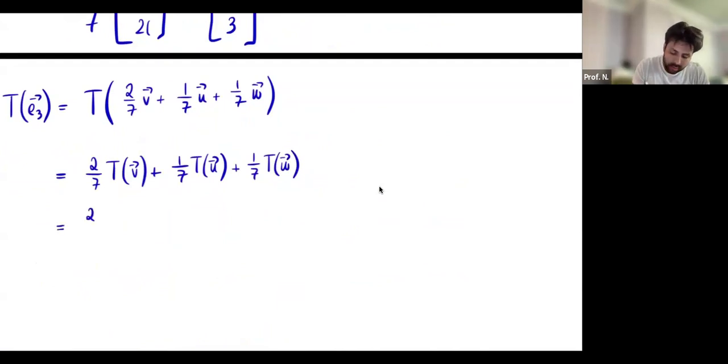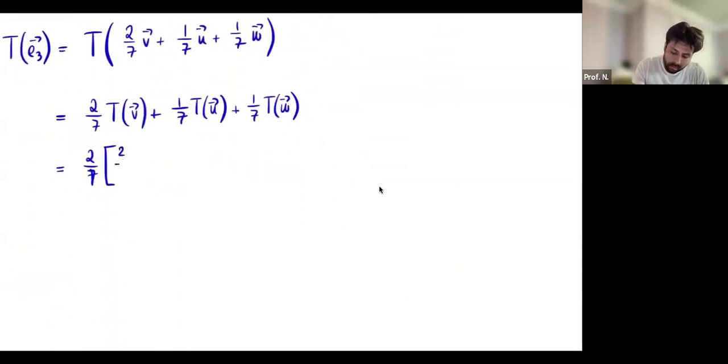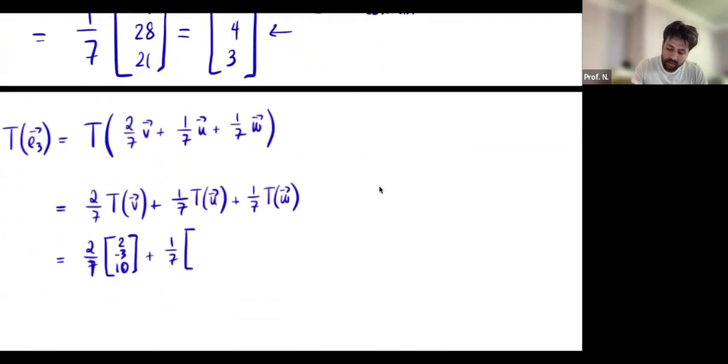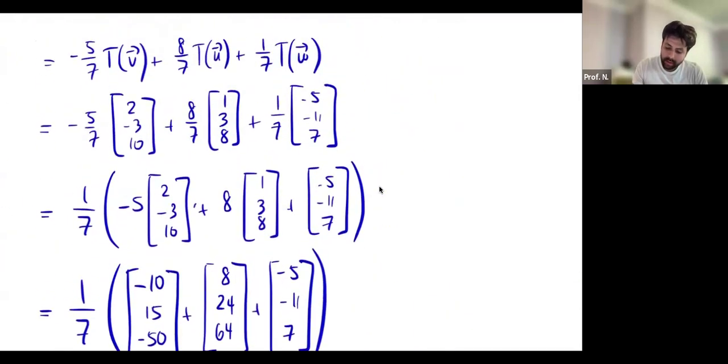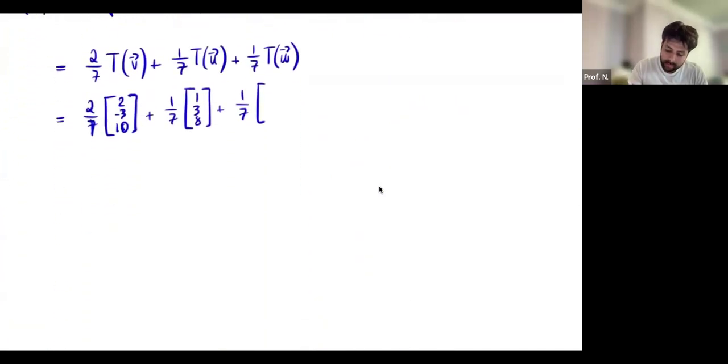which is equal to 2/7. We know what this is already. T of V was what? (2, negative 3, 10). We know 1/7 of what? T of U is (1, 3, 8) plus 1/7 of T of W is (negative 5, negative 11, 7).